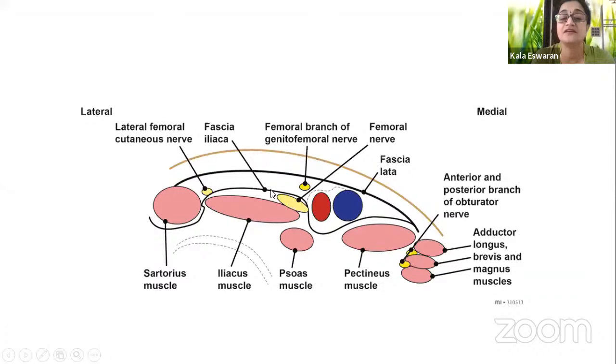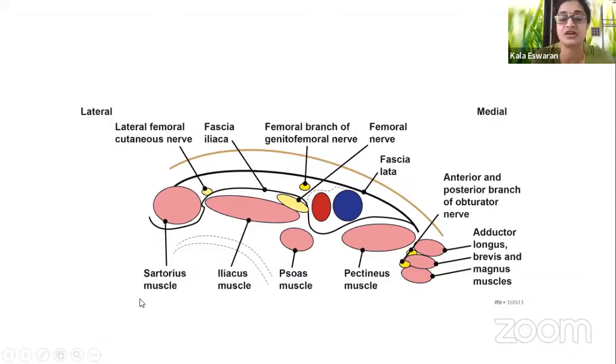The fascia iliaca forms the posterior border of your femoral vessels. So in sonography, when you inject, you see the lifting up of the fascia iliaca. Here you have to understand the difference between the fascia iliaca and the epimysium of the iliacus muscle. When you inject, you lift up the fascia iliaca away from the epimysium of the iliacus muscle, and the muscle is pushed downwards.